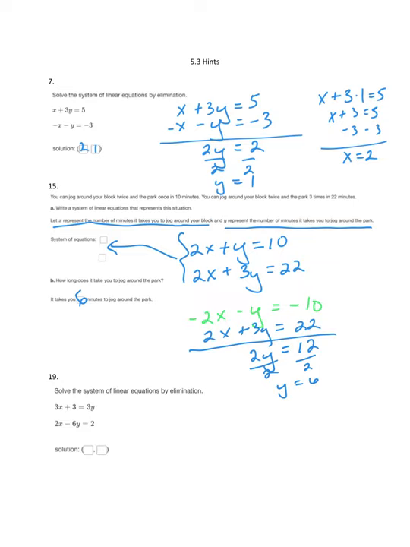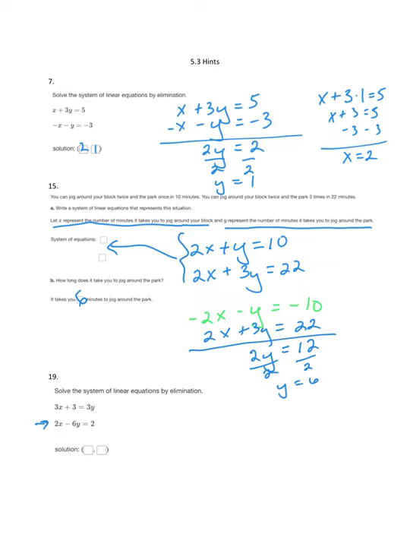All right, next we have a few systems in which we need to do a little bit more to manipulate our equations so that we can use elimination to solve the system. So when I look at number 19, I see that the second one is written in standard form, ax plus by equals c, but the first one isn't.